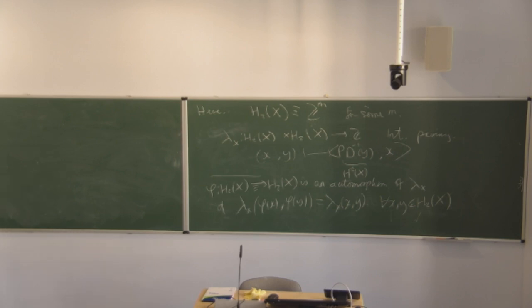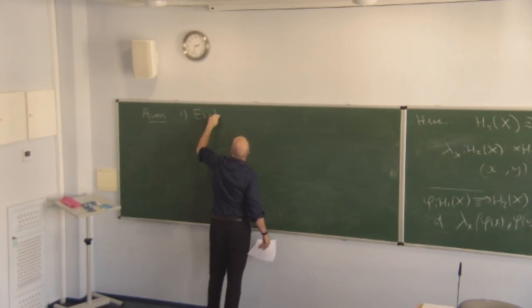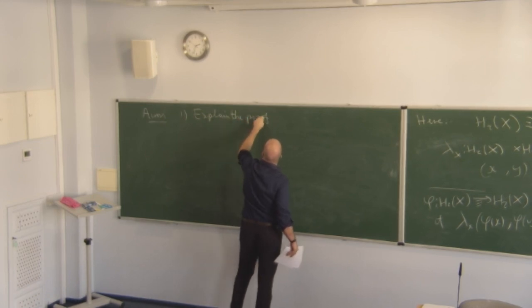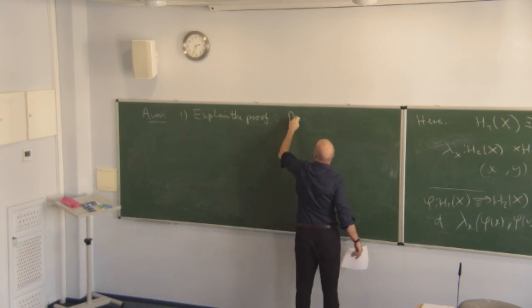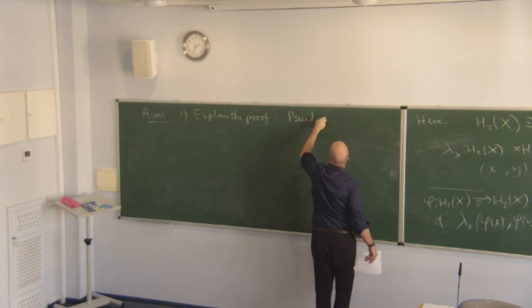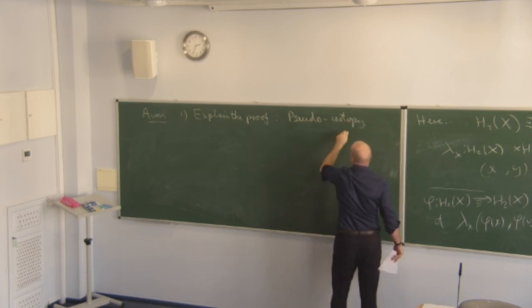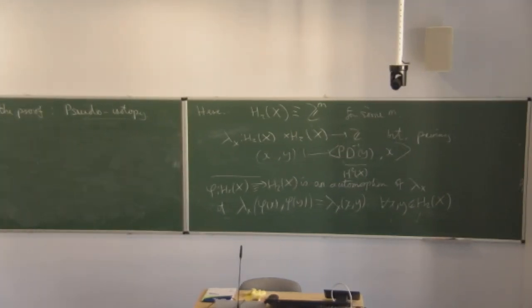One is to explain the proof. The key concept is the concept of pseudoisotopy. I need to introduce pseudoisotopy and explain how that lets us break the proof up into 2 steps.